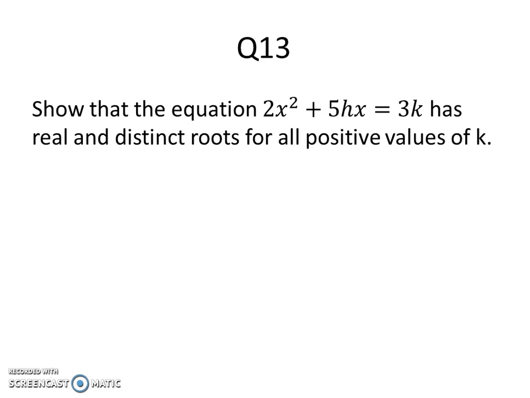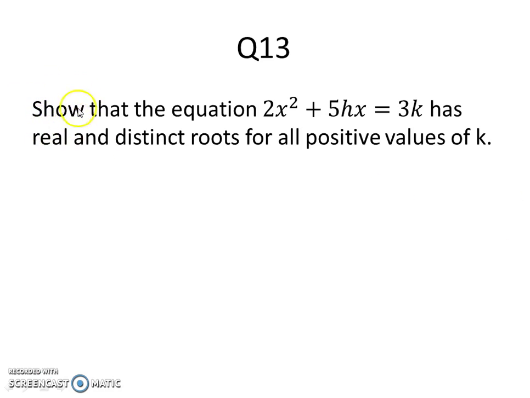Show that the equation 2x squared plus 5hx equals 3k has real and distinct roots for all positive values of k. Okay, this question cannot be attempted like your other questions because it involves proving, because of this word "show".